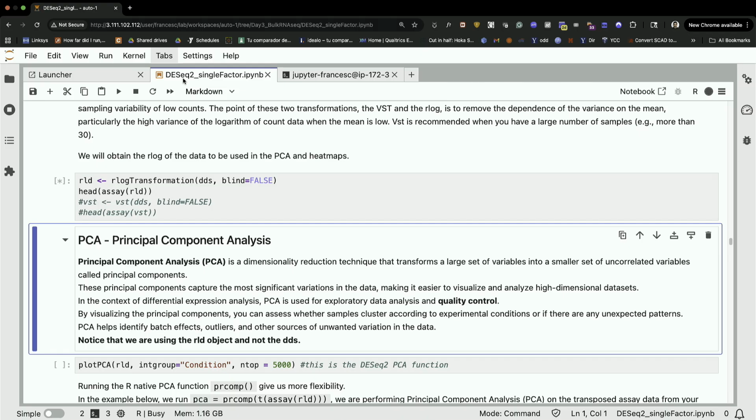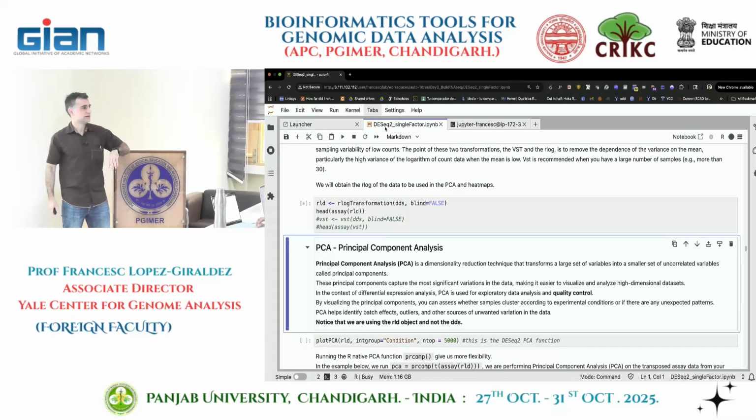Meanwhile, should we review the principal component analysis, what it means? That's the idea of dimensional reduction. We have 15,000 dimensions, which is the number of genes, and we are trying to represent the same information in a plot that only has two axes, PC1 and PC2, for example, or three axes, because I'll show you how you can do a 3-dimensional plot.